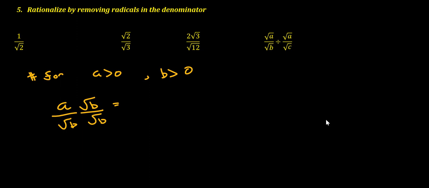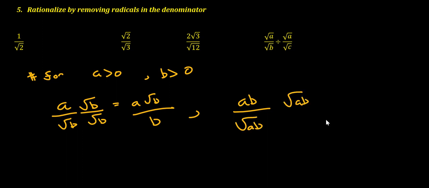So we can distribute this, a root b over b. And let's do a b over the root of ab. Well, we simply multiply numerator and denominator again.